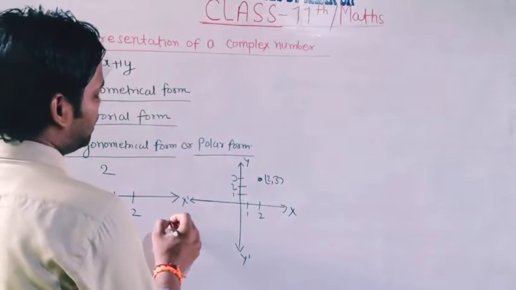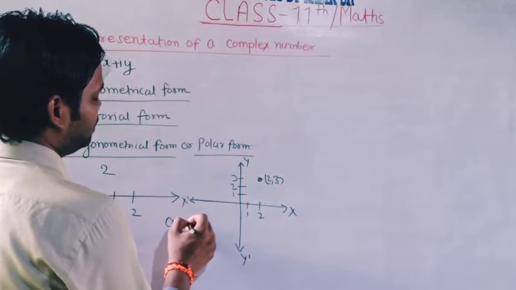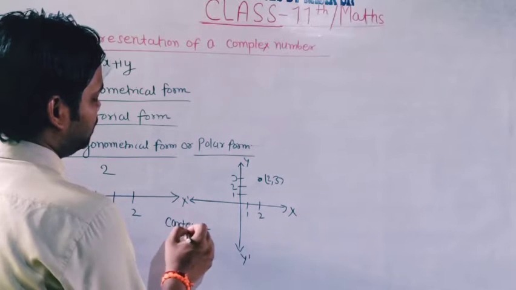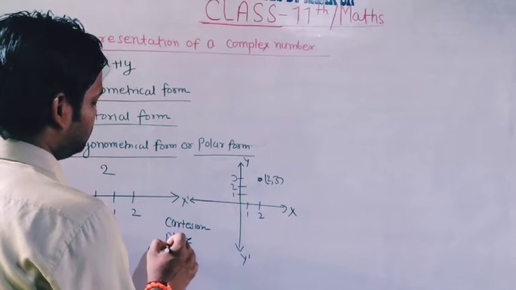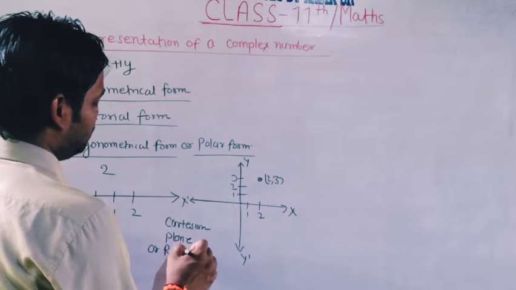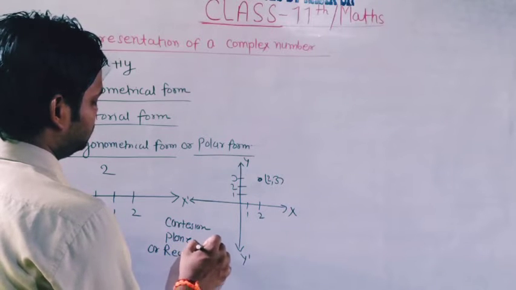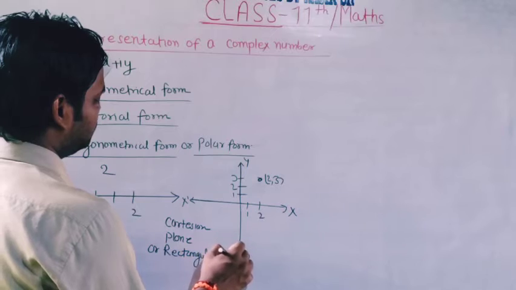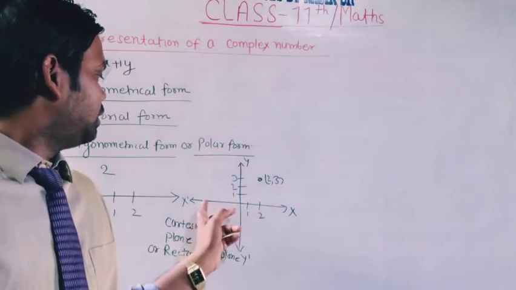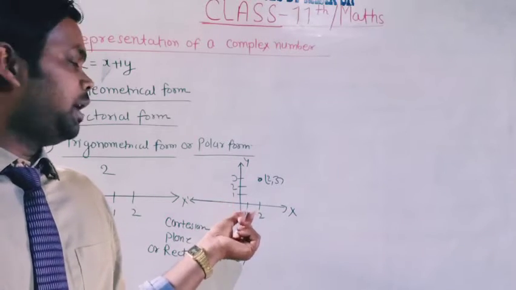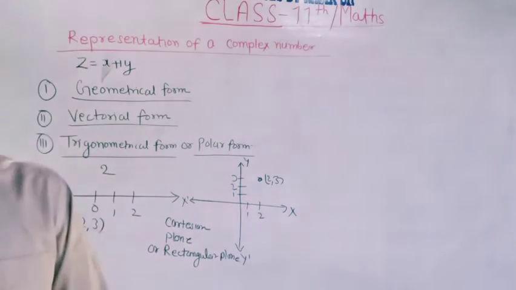This is also called the rectangular plane, or Cartesian plane. In the rectangular plane, the horizontal line is called the x-axis and the vertical line is the y-axis.